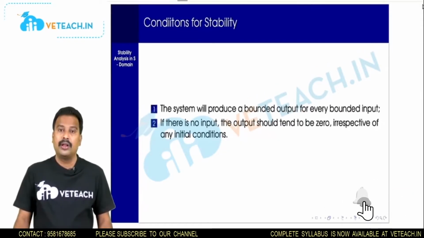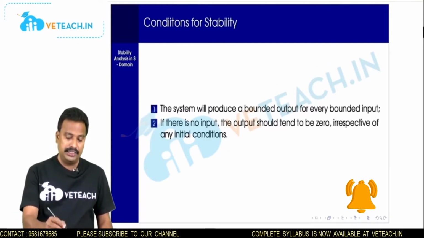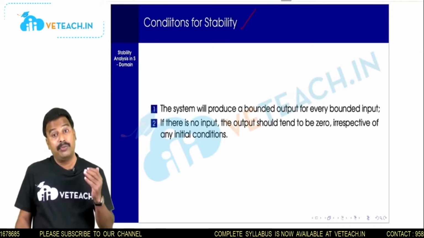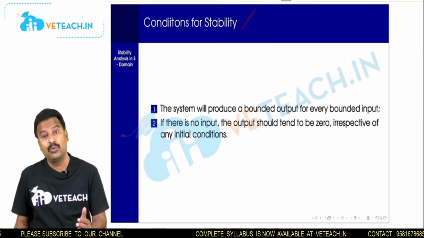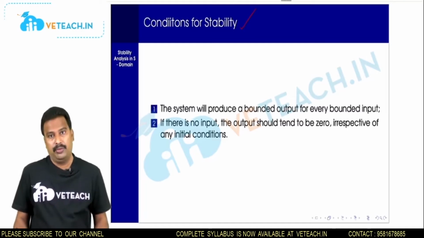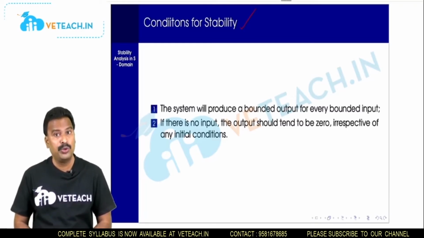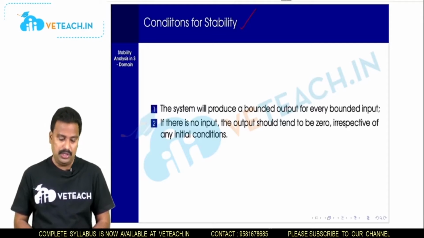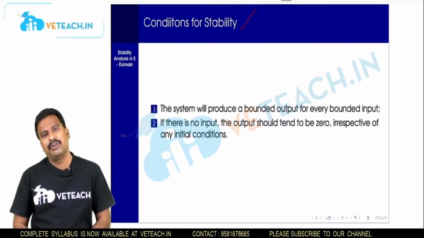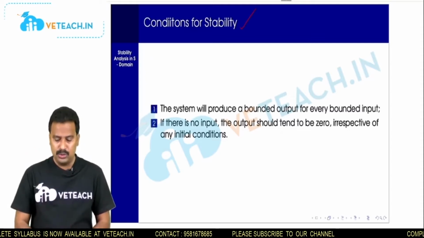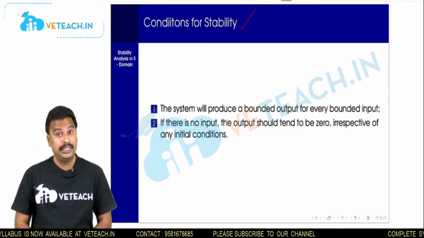Now we see the conditions for stability. A system is said to be stable if it produces a bounded output for a given bounded input. That means if you give a bounded input to the system, it has to produce a bounded output. Then, if there is no input given to the system, the output must tend to 0 irrespective of the initial conditions.